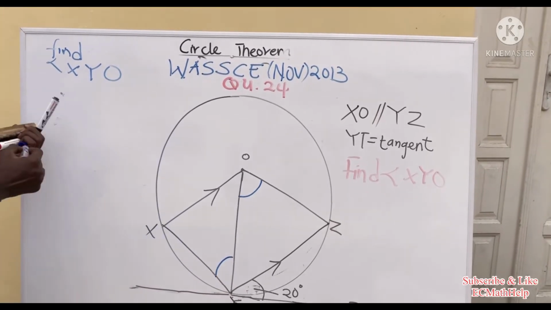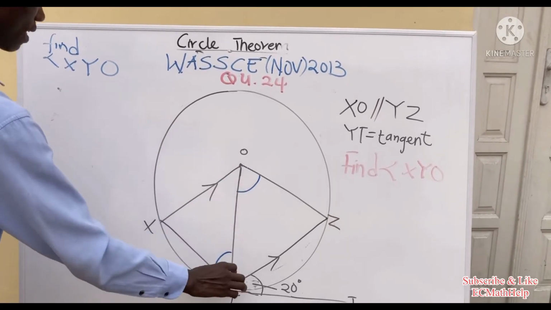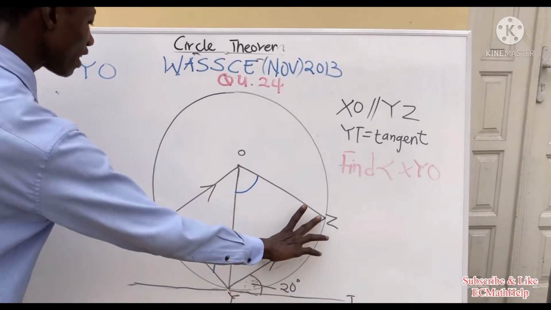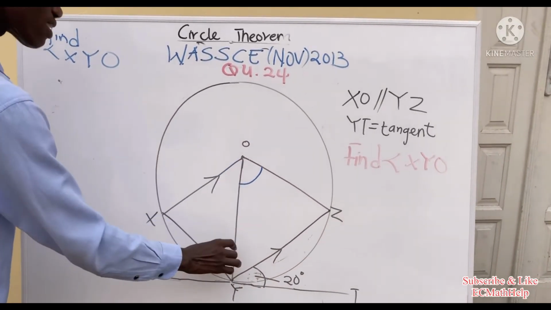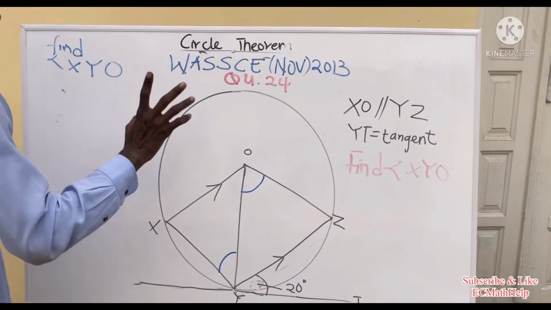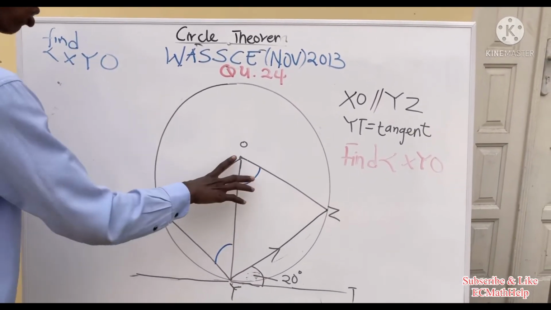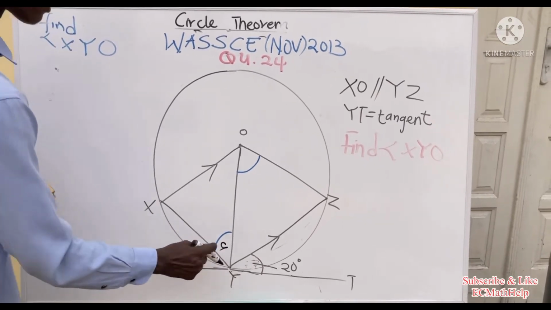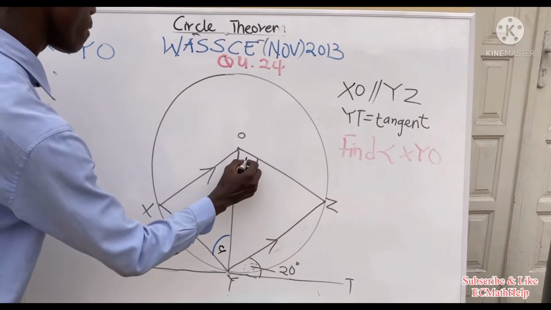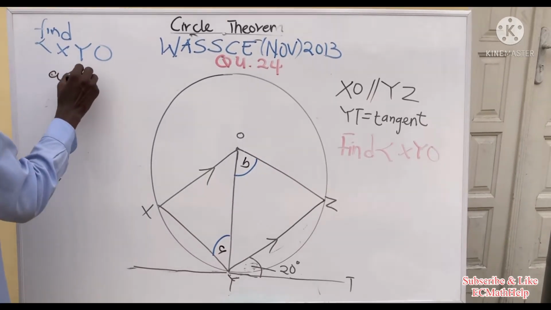We know that the chord here subtends an angle here, and the chord here subtends an angle here. The rule states that angles subtended by equal chords are always equal. So for this chord, let's say the angle here is A. For this chord, the angle here is B. Therefore, A should be equal to B.